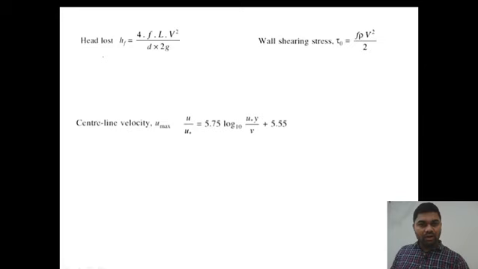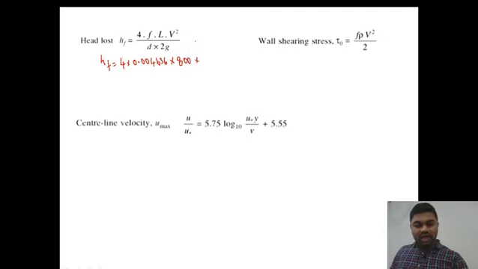Let us find out head loss Hf. Hf is equal to 4 into the value of coefficient of friction which we have got, 0.004636, into the length, which is 800 meter, into V square.